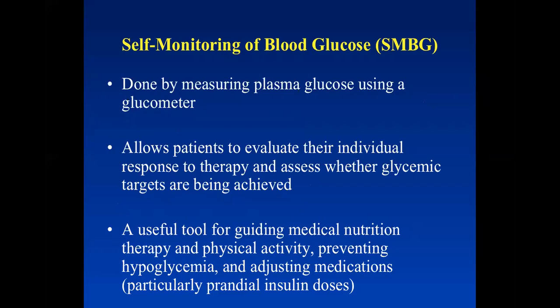It's better if patients can monitor the levels at home, keep a record and bring it to the clinic, and sometimes, if the patient is educated, they can change their insulin doses on their own. That is what is called self-monitoring of blood glucose.